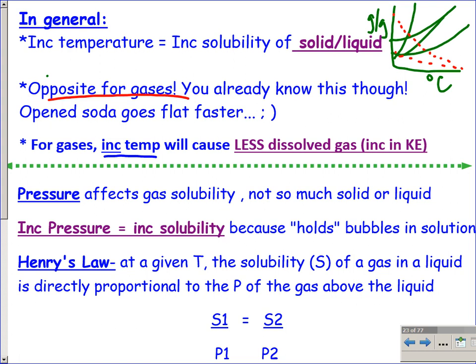And that's really common knowledge. If you want carbonated beverages to stay carbonated, where do you put them? Oh, in the freezer? That's when you get a slushie. Where else could you put them? Just in the fridge. You wouldn't put them out on the deck, right? We always make sure we put it in a colder temperature, because we want it to stay dissolved.